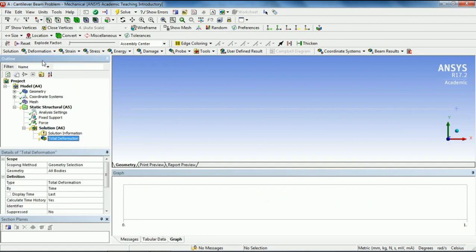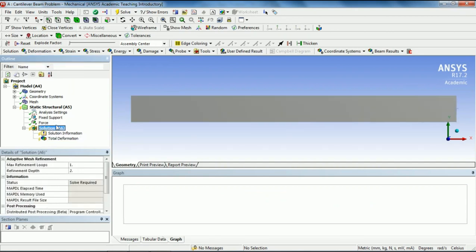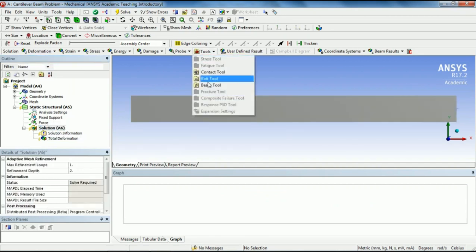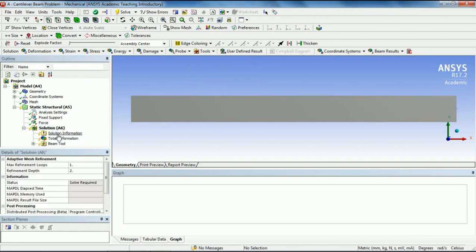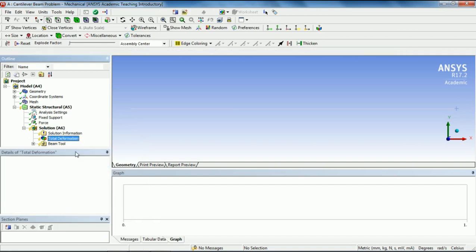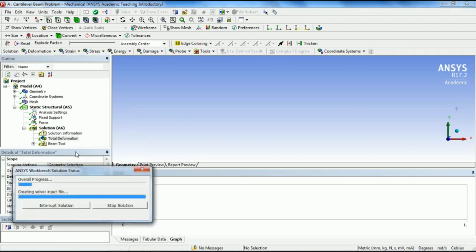Again select Solution, go to Tools and select Beam Tool. We need to evaluate this total deformation first and solve. Now this will take some time to create the mathematical model, provide the boundary condition to it, and then solve completely.